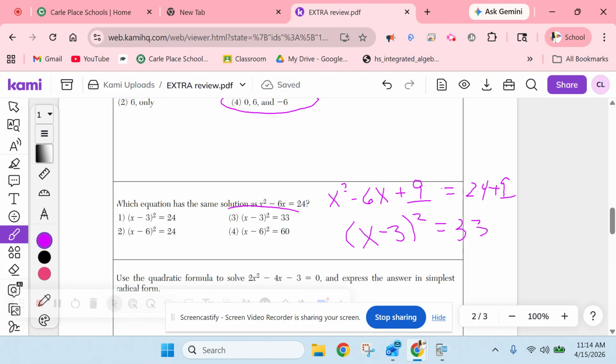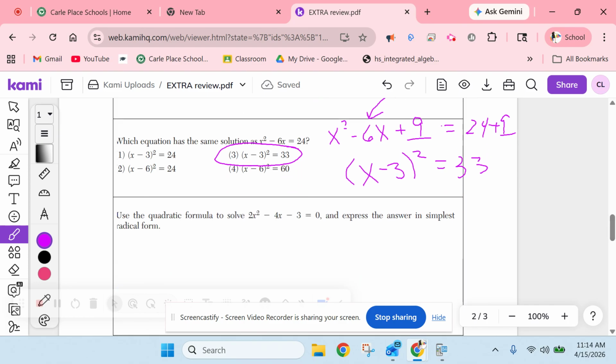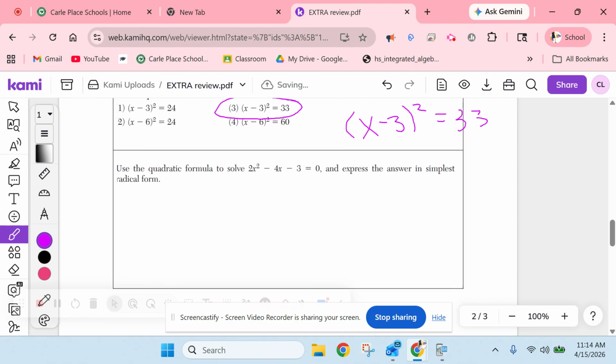Okay, so for completing the square, you take half of the b, so negative 6 divided by 2 is negative 3. You square that to figure out what constant to add. And whatever you do to one side, you do to the other. That's properties of equality.